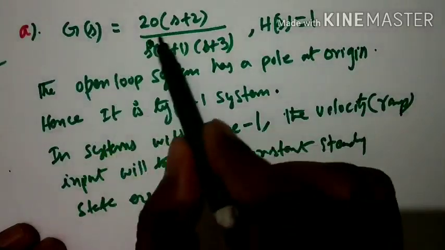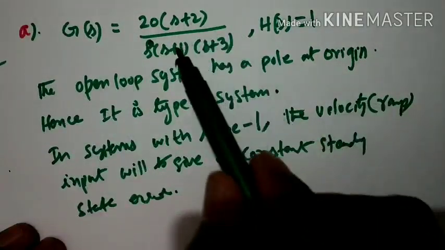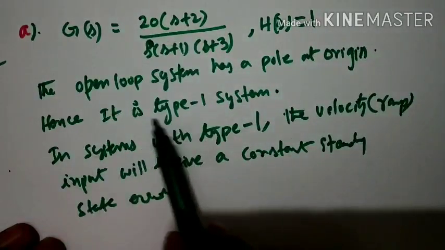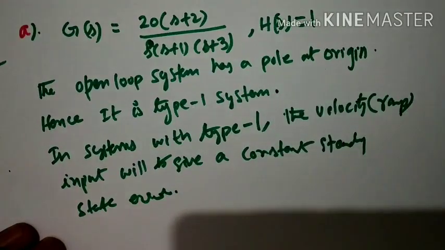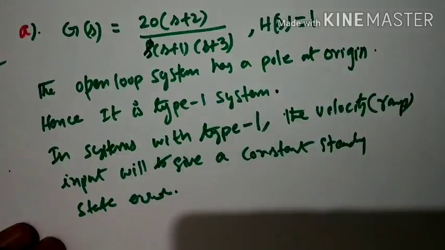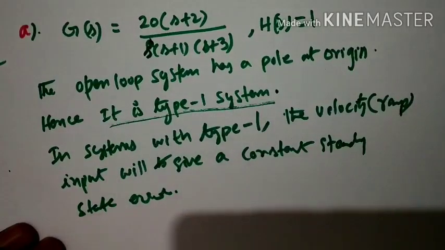See, the given servo mechanism, this is the open loop transfer function. You know the open loop transfer function, G(s) into H(s), is a loop transfer function. So the open loop system has a pole at origin. So s power 1 means one pole is at origin. So we say that it is a type 1 system.